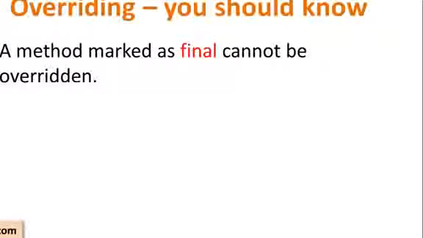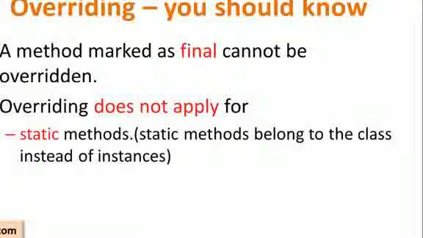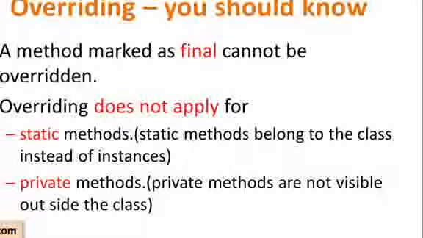A method marked as static also cannot be overridden, because static methods belong to the class, and methods that are marked as private also cannot be overridden, because obviously that method will not be visible outside the class itself. So there's no point of the overriding concept coming in there.